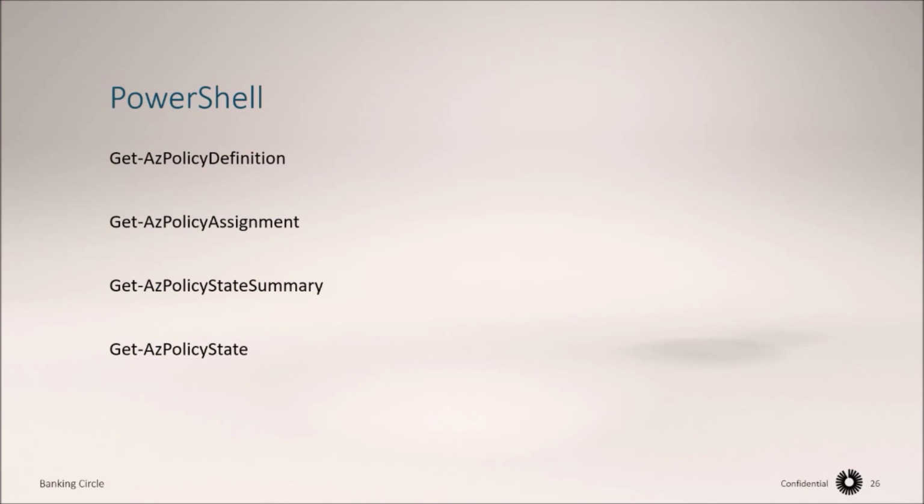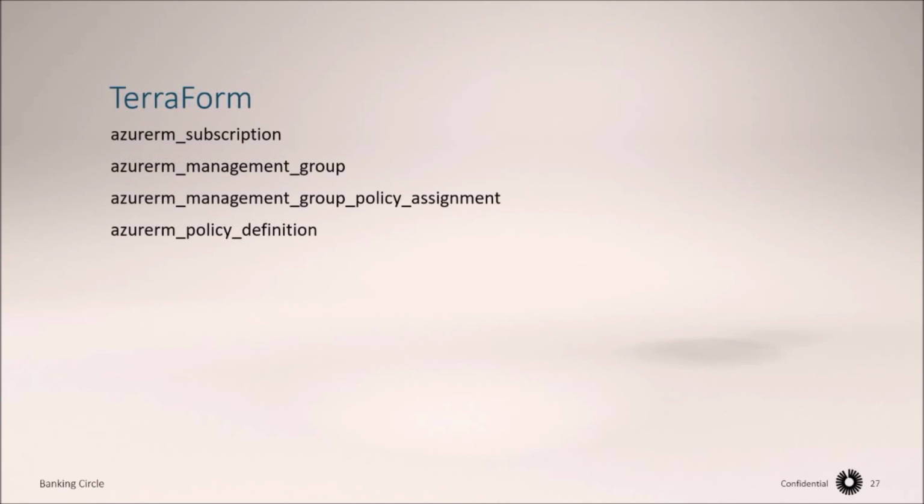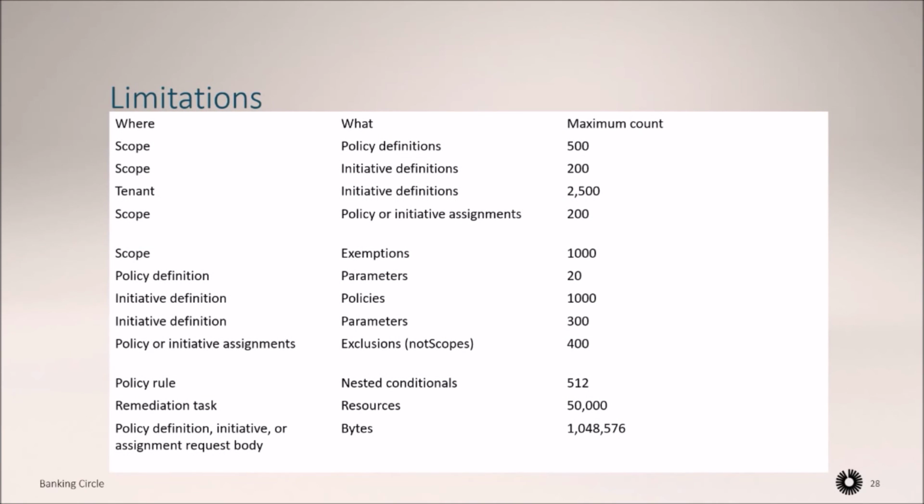Naturally, there is PowerShell available, which allows you to query, add, get, edit all your policies, fairly standard stuff. You can also use Terraform if you like to control all your releases via Terraform. Terraform also supports Azure Policies. There are some limitations. I doubt very much that you'll hit that many limitations, but there is this limitation in what you can do. It's just there for information.